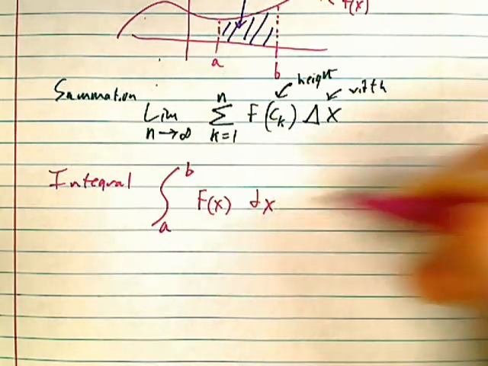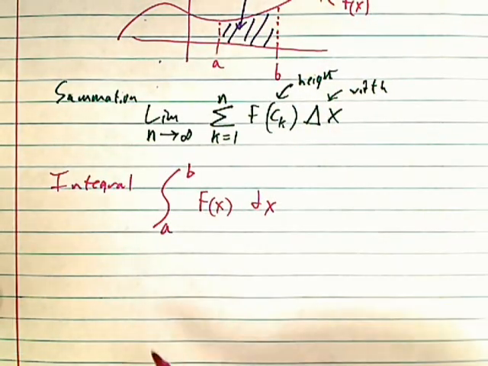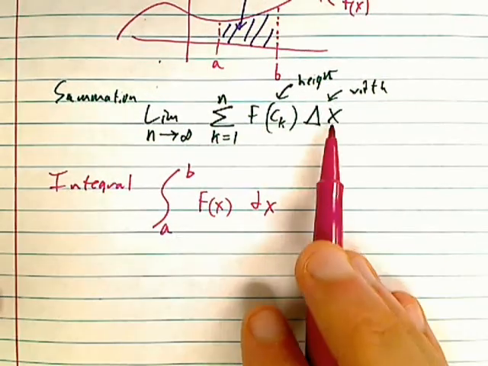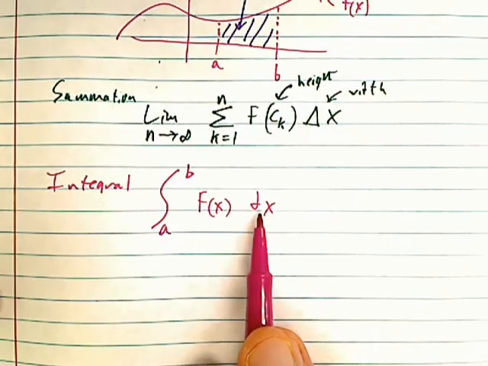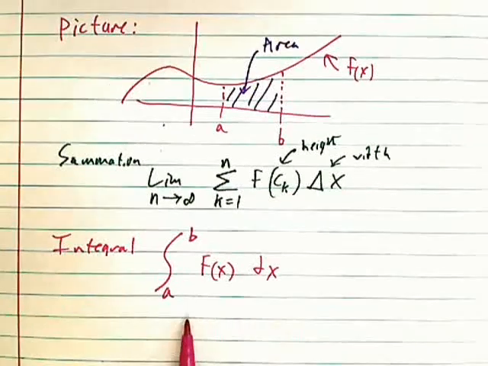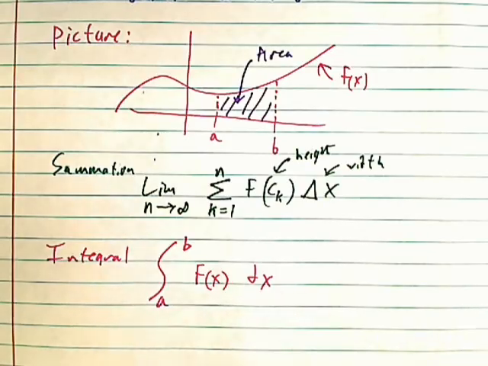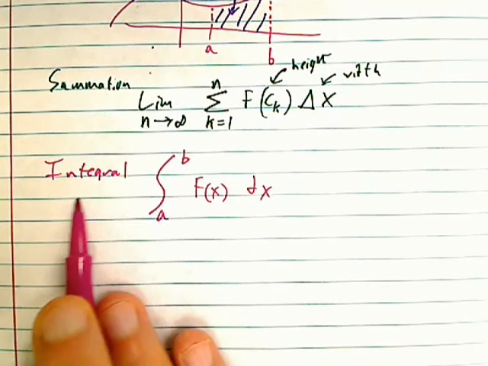I'm going to put dx. f of x comes from here, and dx, that's our infinitely small width there. So that's what this means. This is the area between a and b underneath the curve. This is the notation that we will use all the time in calculus. Okay, that's integral notation.